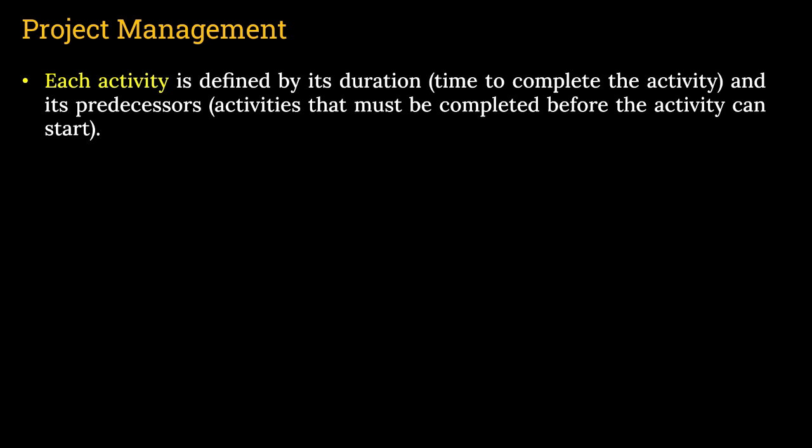So before 2 days I cannot start the second task or second activity. So an activity should have a time to complete, and its predecessors that must be completed before the activity can be started. That means I cannot start any activity before the predecessor activity is completed.